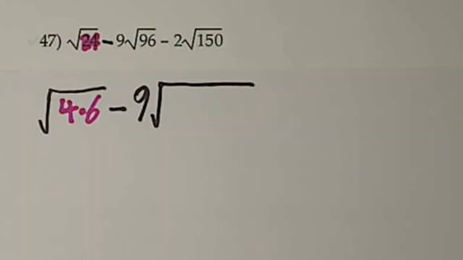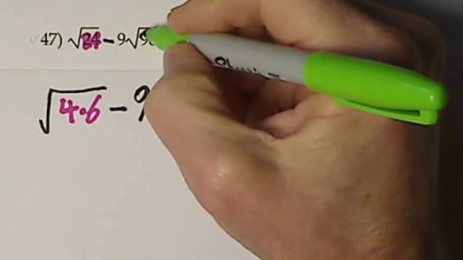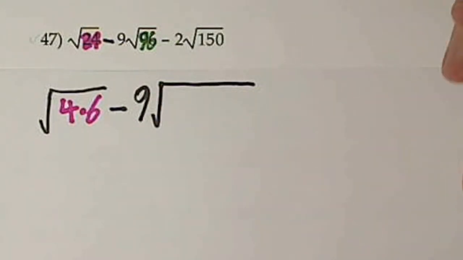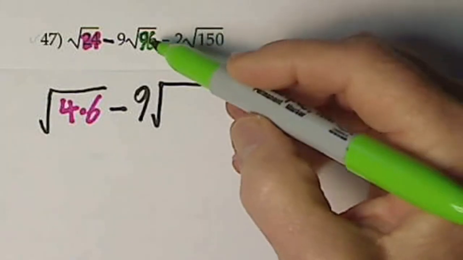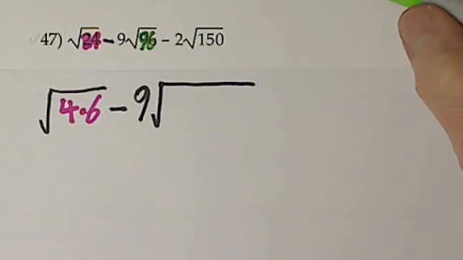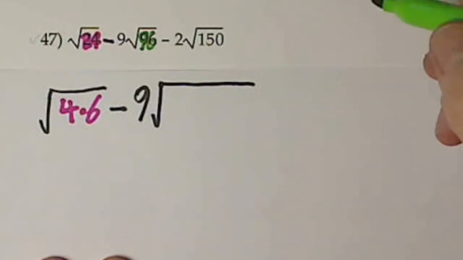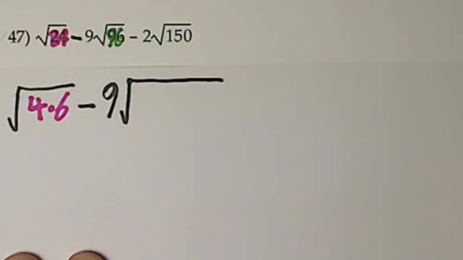And let's see if we can come up with something for our 96. So 96, if you can't just think of the perfect square lurking within, you write 96 and start listing all the factors. So I'm going to see if I can shortcut this a little bit, and I have a feeling I'm going to run out of room pretty quickly.